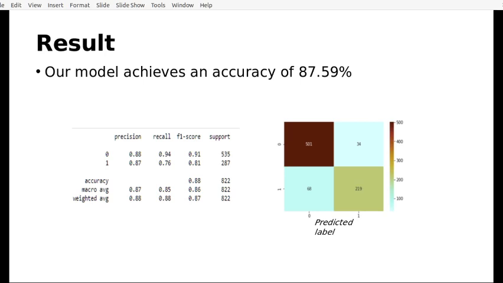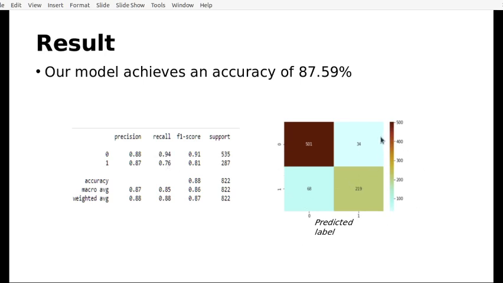In the results, our model achieved an accuracy of 87.59, and we show other scores like F1 score, recall and precision. As we can see here, the performance of the negative label is good compared to positive.